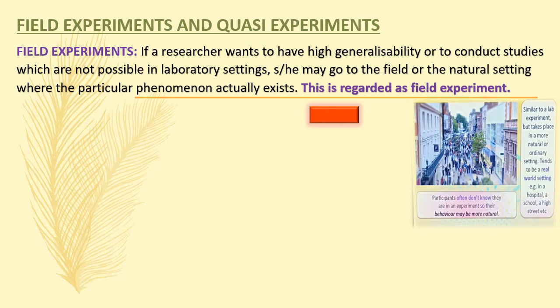In field experiments, participants often don't know they're in an experiment, so their behavior may be more natural. It is similar to a lab experiment, but takes place in a more natural or ordinary setting, a real world setting. For example, in a hospital, a school, or a high street, etc.